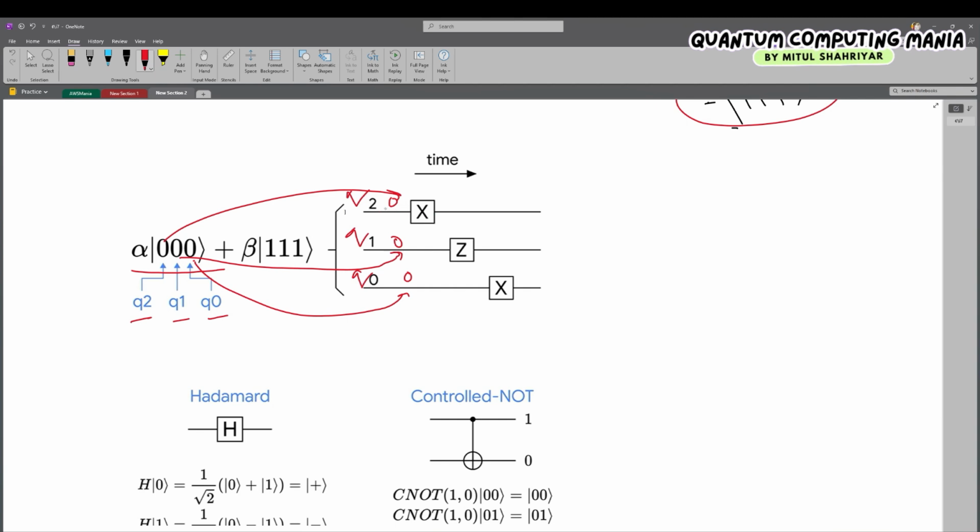The value is 0, so it should be 1, right? Great, we're done. Now we just combine them together and it should be 1, 0, 1, because q2 is here, q1 is here, and q0 is here. Great. So this is how it is, 1, 0, 1.